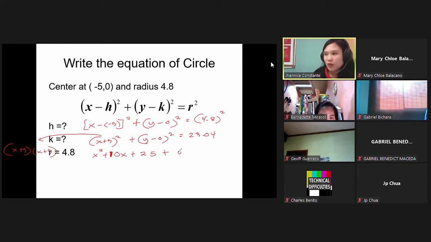So you have y squared, since 0 times 0 is equal to 0, equals 23.04. So we get the 10x from multiplying the quantity x plus 5, our binomial, by itself. That's how we get the 10x.